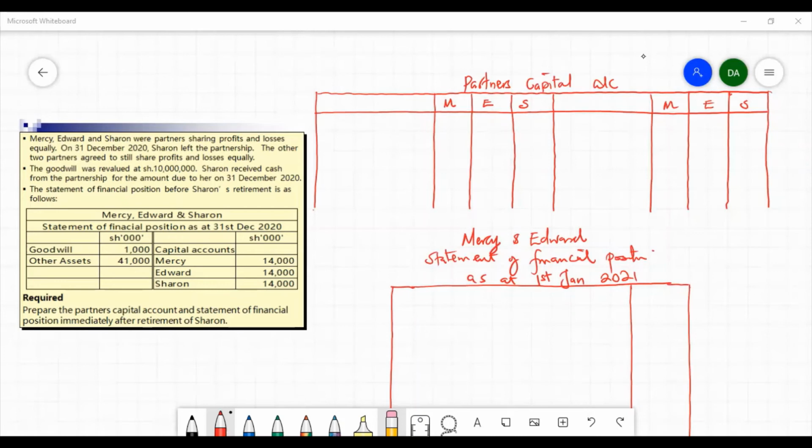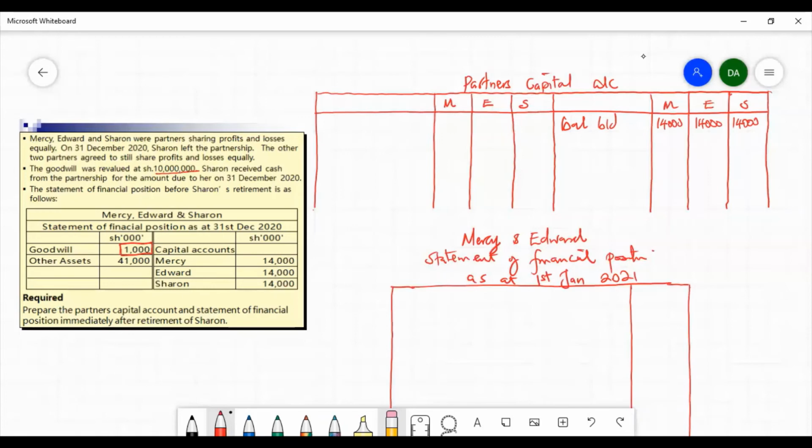Let us begin with the balances in the partners' capital account. Balance brought down for each partner is 14 million. Then for goodwill, at the beginning of the period, goodwill was 1 million. Then at the end of the accounting period, goodwill was 10 million.